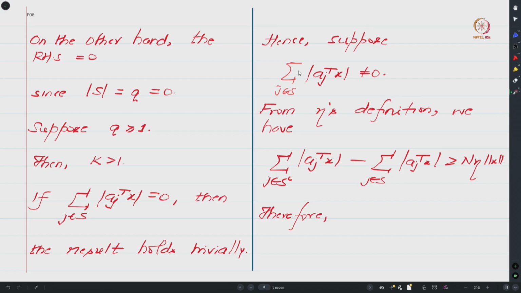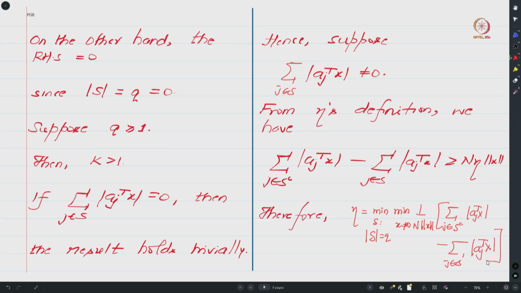Now let us recall eta's definition. Eta was the min over S such that the cardinality of S equals q, min over x not equal to 0, of 1 over n times norm x, times the summation over j in S complement of a_j transpose x, minus the sum over j in S of a_j transpose x.